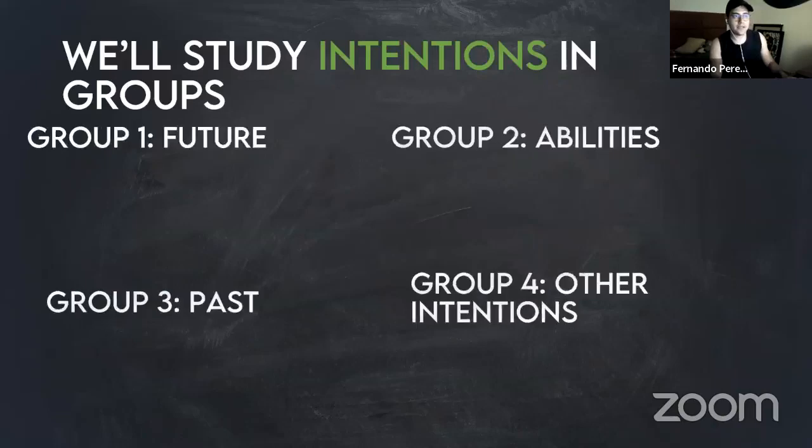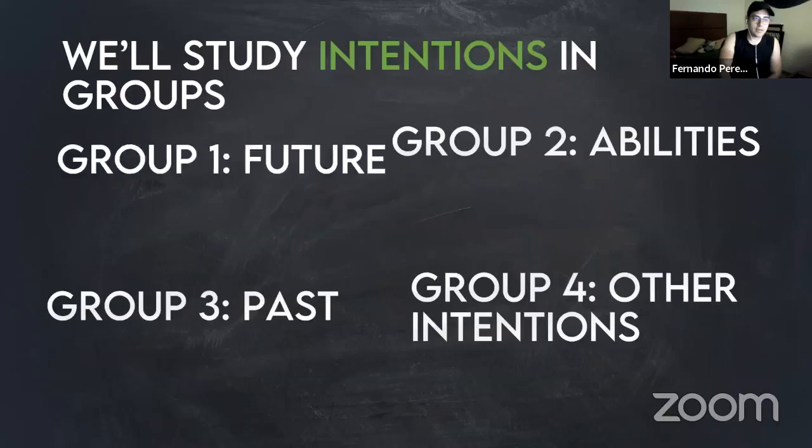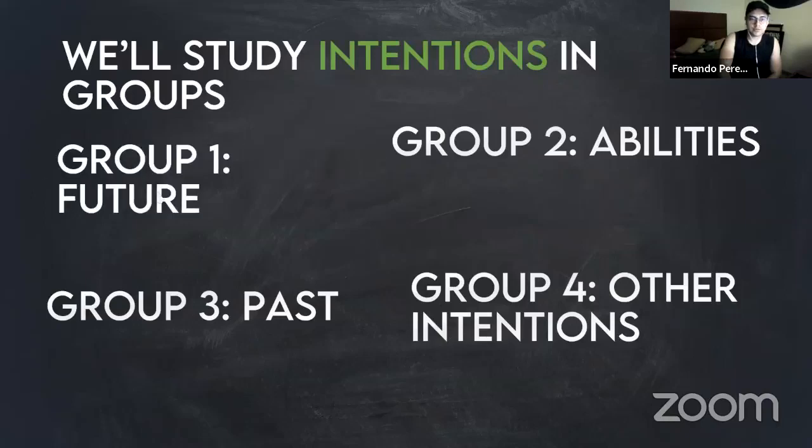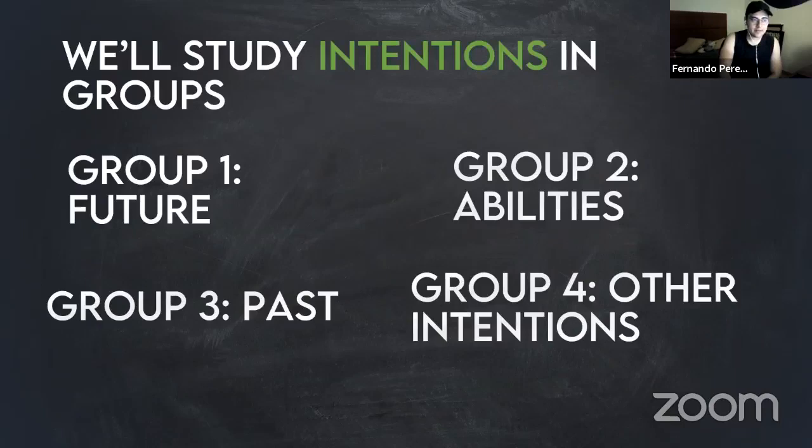Okay. These are the 4 groups that we are going to study, right? Group number 1, modals to express future. Group number 2, modals to express abilities. Group number 3, modals to express past.